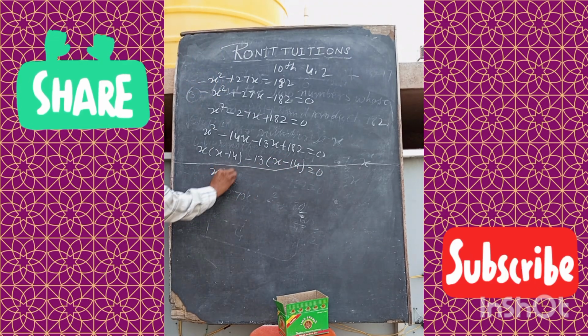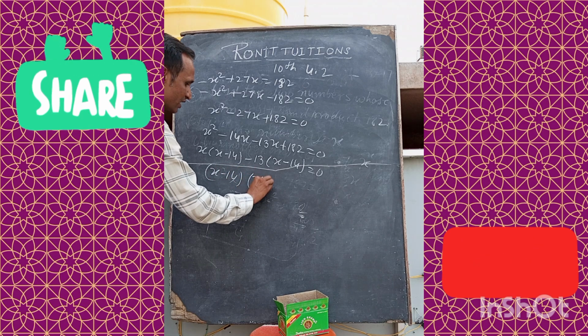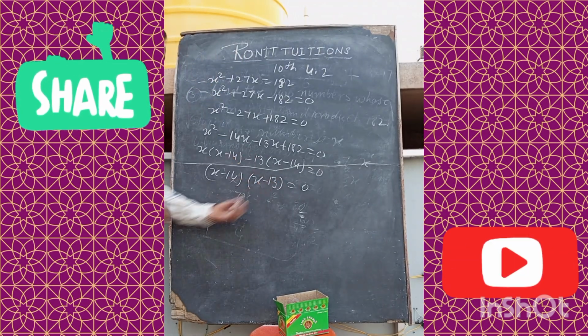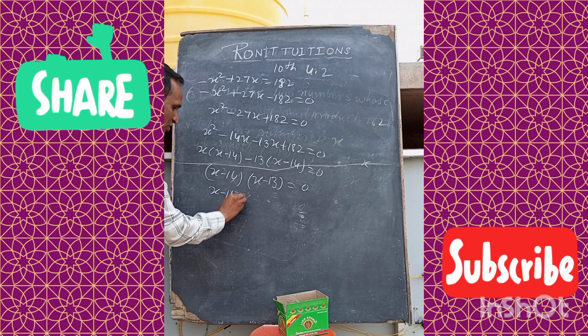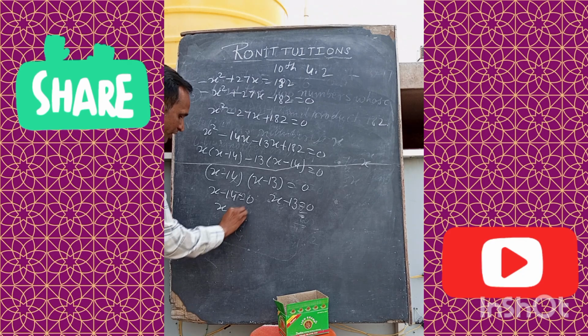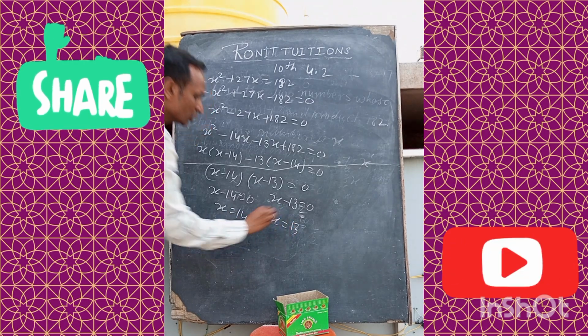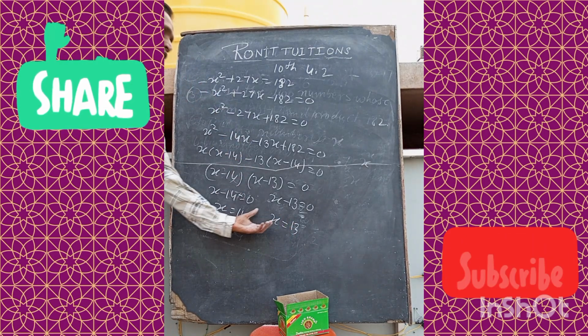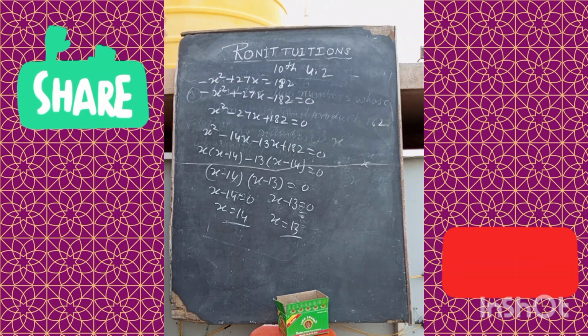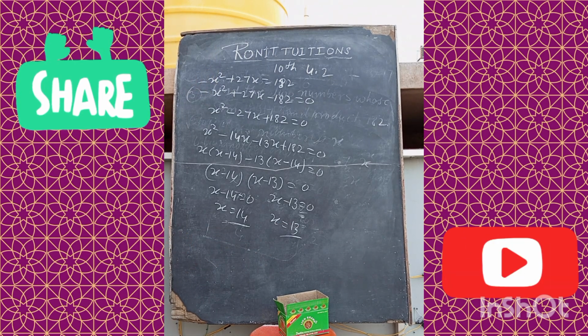Then x minus 14 is the common factor, and x minus 13 is the other factor. Either this is 0 or this is 0. So x minus 14 is equal to 0, x minus 13 is equal to 0. Then x is equal to 14 and x is equal to 13. So the two numbers whose sum is 27 and product is 182 are 13 and 14.